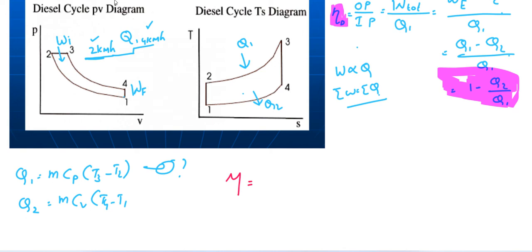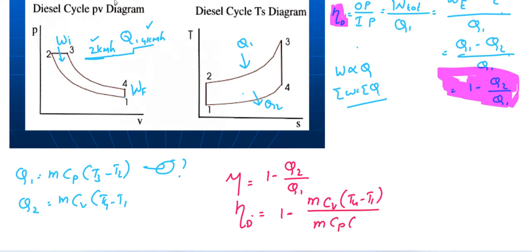Efficiency equals 1 minus Q2 by Q1, right? Efficiency of a diesel cycle equals 1 minus m Cv into T4 minus T1 divided by m Cp into T3 minus T2.